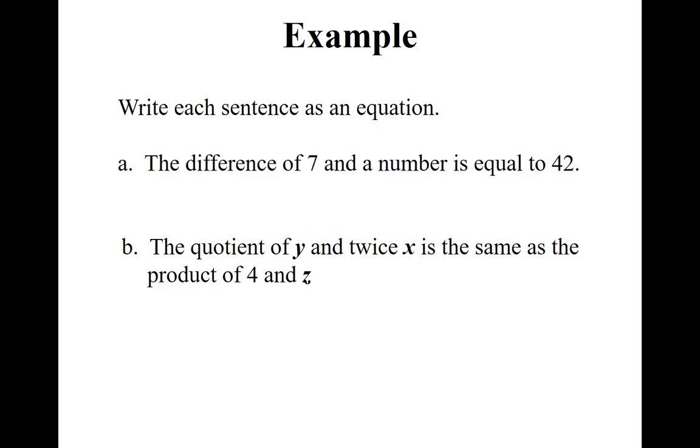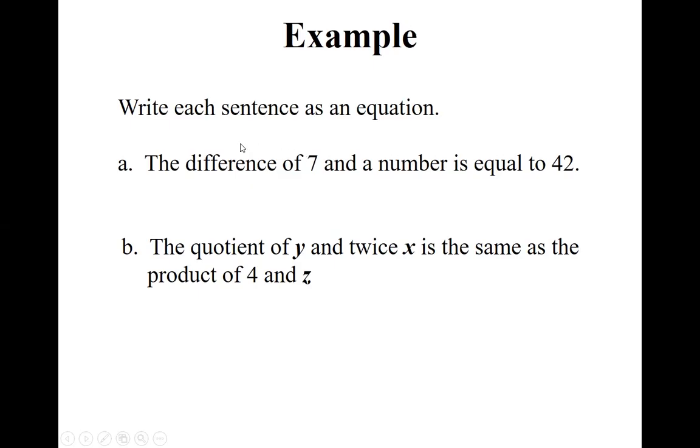So let's write each sentence as an equation. The difference of 7 and a number is equal to 42. So there's our key equal phrase, is equal to. That would be the equal sign. On the right of the equal sign, we just have the number 42.